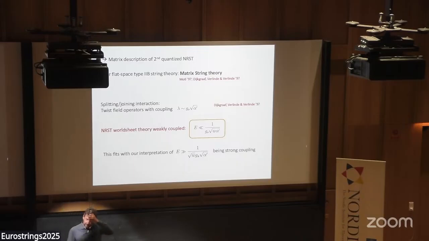And of course, this is, in a sense, no surprise if you remember the lessons of what people did in the 90s. But here we sort of found this to be true also for non-relativistic string theory. So it sort of gives the non-perturbative completion of non-relativistic string theory.